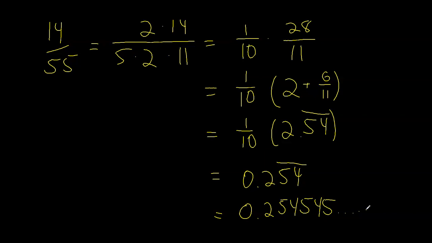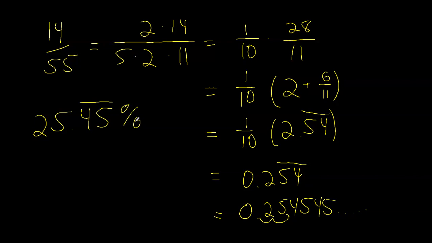To turn it into a percent, we're going to move the decimal place over 2 times, and so we end up with 25 point. Well, we've moved the decimal over twice, and now to the right of the dot, we have 4545, and so that's 45 repeating percent. Or we could say 25% and 5/11ths of a percent.